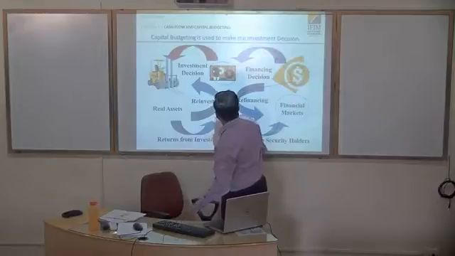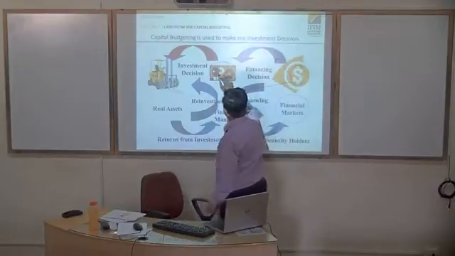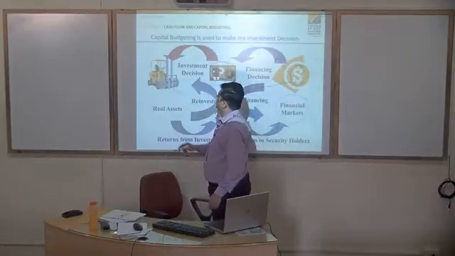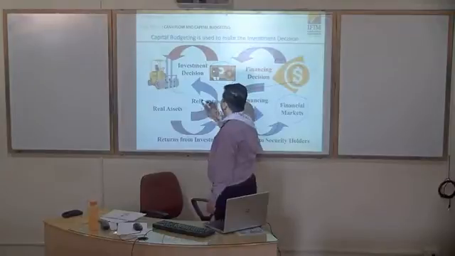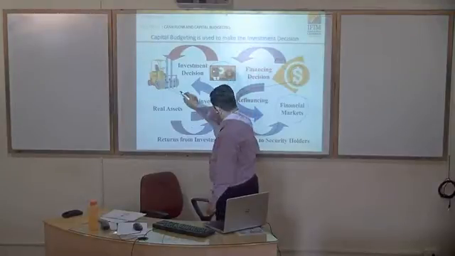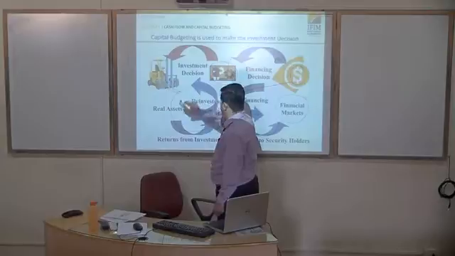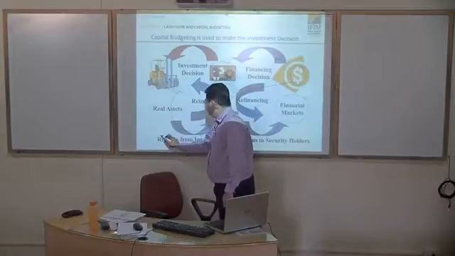A little animation. So once I get the money, I look at where to put my money in: machinery, land, building, plant, manufacturing unit. Okay. Then real assets. How do I reinvest that money? And return from investment.